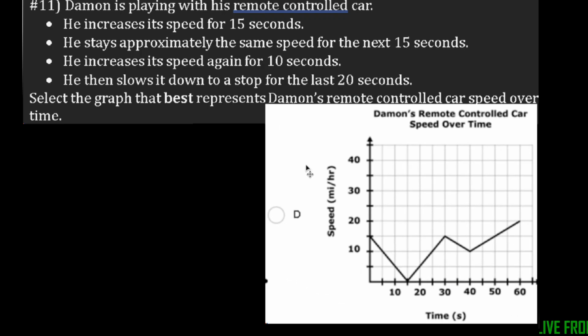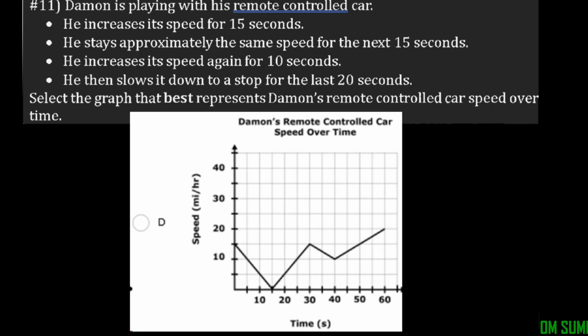So let's look at each of these graphs one piece at a time. What we can really look at is this first one right here. Is his speed increasing for the first 15 seconds? Well, on this one we can say no, because from 0 to 15 it's actually decreasing.